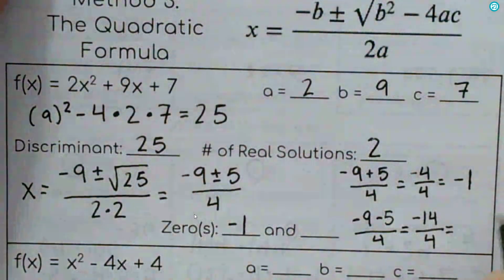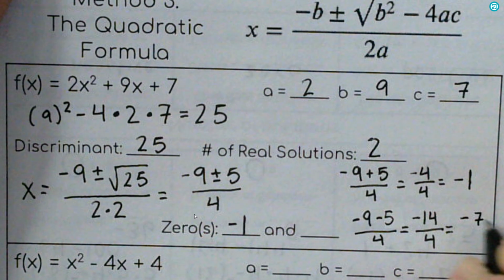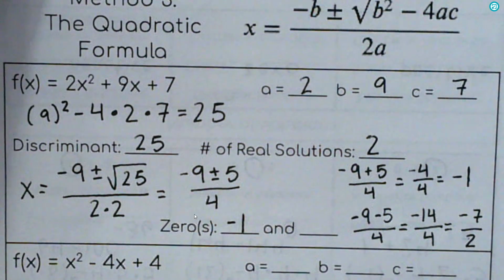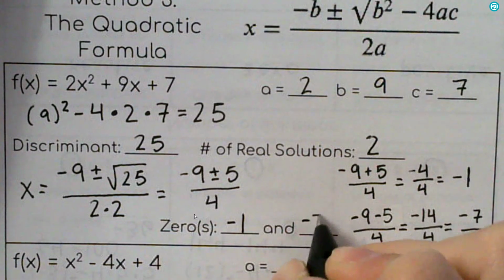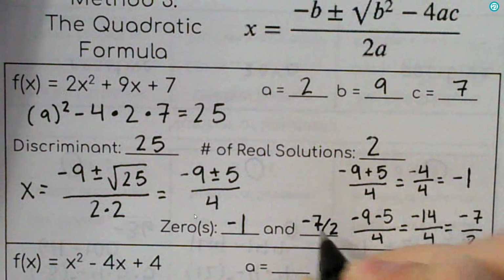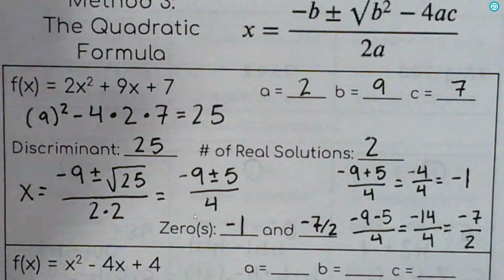Negative 14 divided by 2 is negative 7, and 4 divided by 2 is 2. So I get negative 7 halves. It's a weird looking 7, sorry. So negative 7 over 2 is my other zero. Okay. Any questions at the moment?